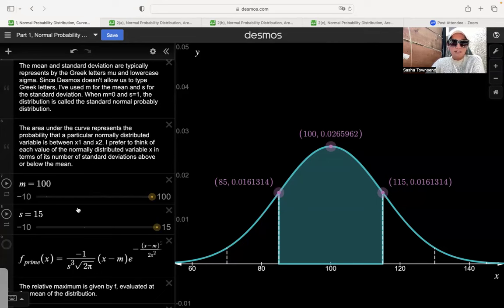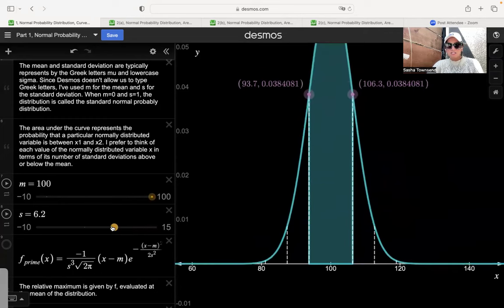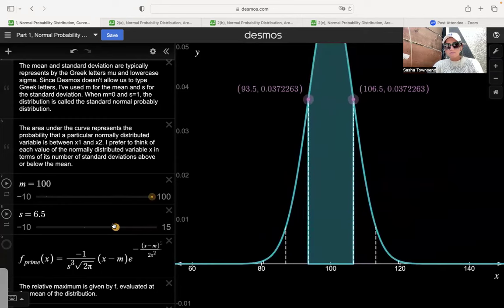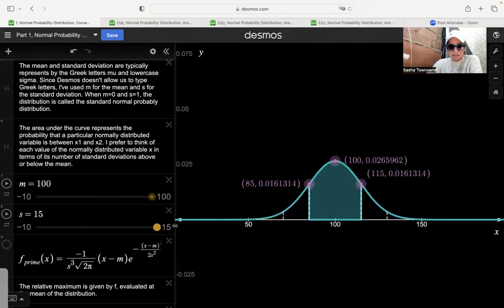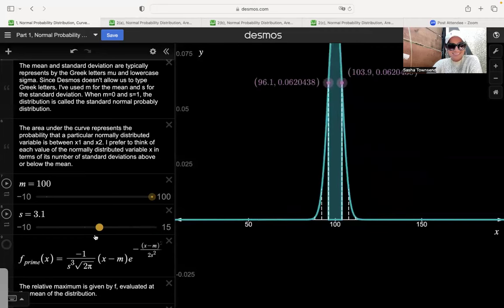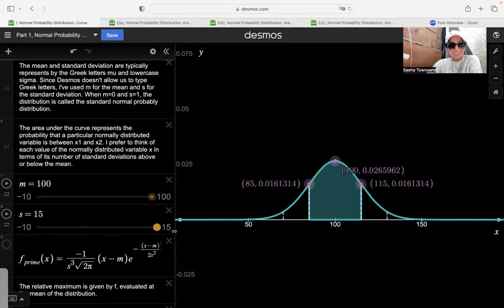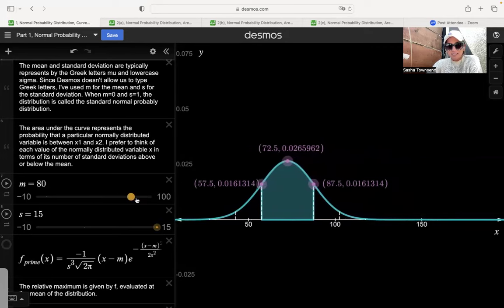But one thing I want you to notice is that I can change the shape of this graph by changing the value of the standard deviation. If my standard deviation is smaller, it's sort of taller. If my standard deviation is large, I can make it wider. The mean just moves it back and forth. So we're changing that center point.